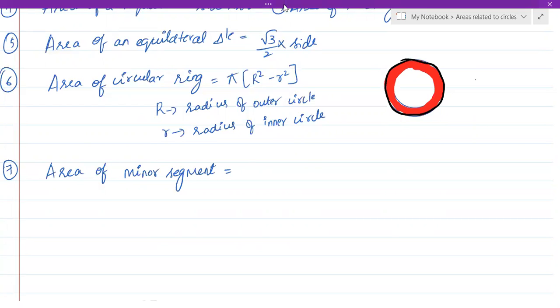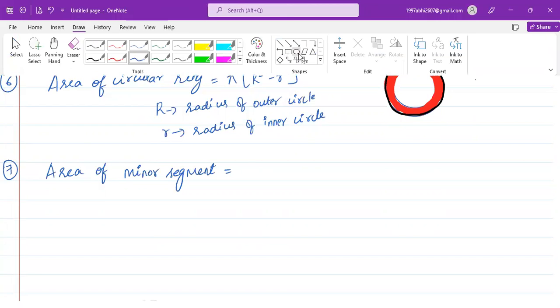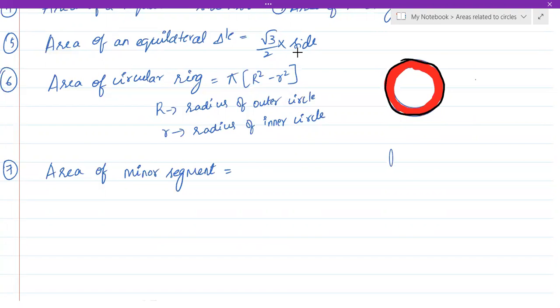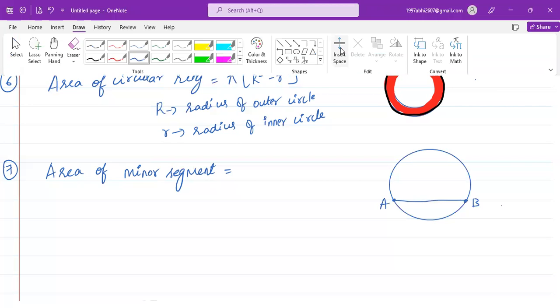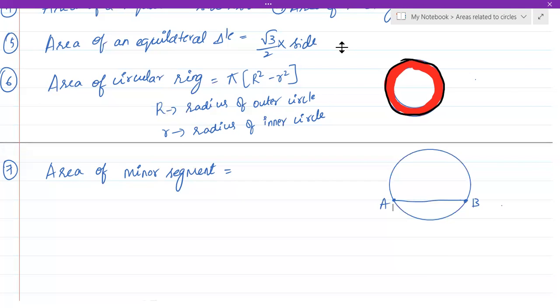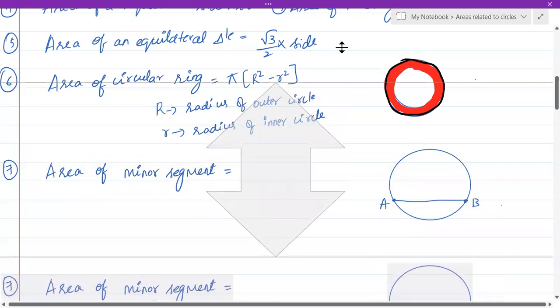Let's take a circle, and let's take a chord. Let's join this. Before getting into this, let me give another formula, then let's get into the segment.